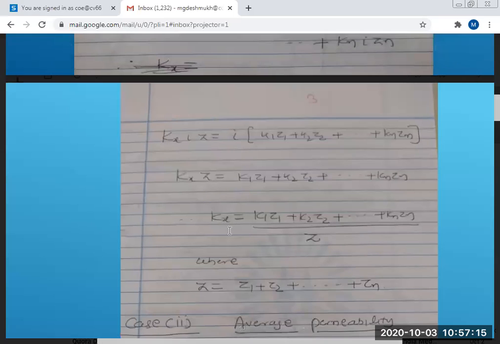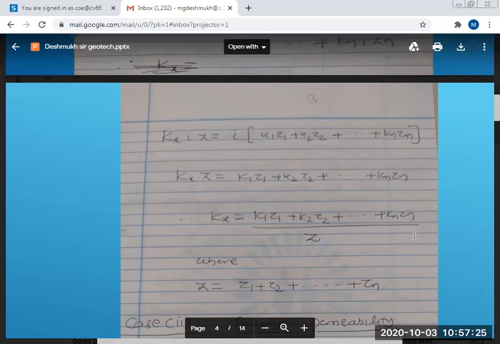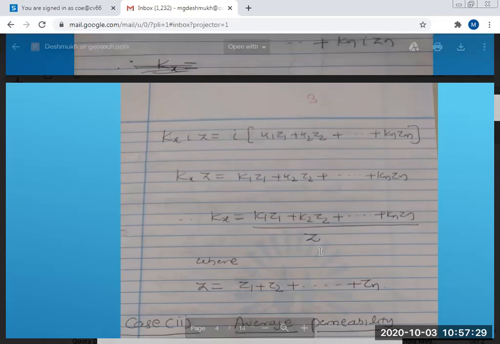The effective permeability is given by Kx is equal to K1 Z1 plus K2 Z2 plus up to Kn Zn divided by Z, where total Z is equal to the sum of the thickness of all the layers.